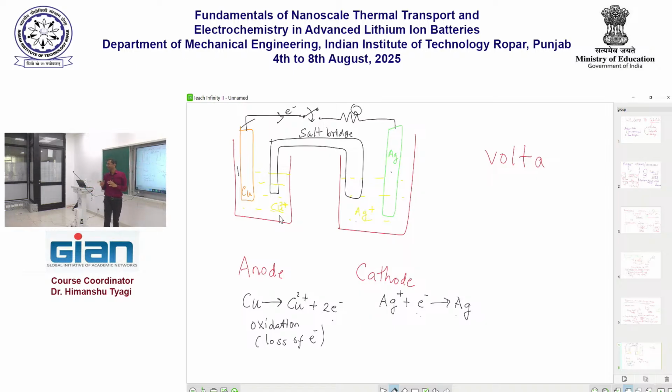See, in principle, once all of this copper has been converted into copper 2+, if it is possible for me to run the reverse reaction, then it becomes a secondary battery, and I'm able to charge it, discharge it, charge it, discharge it hundreds or thousands of times. And that is exactly what happens in a cell phone battery, right? Or even taking another example, in the 12-volt car battery.